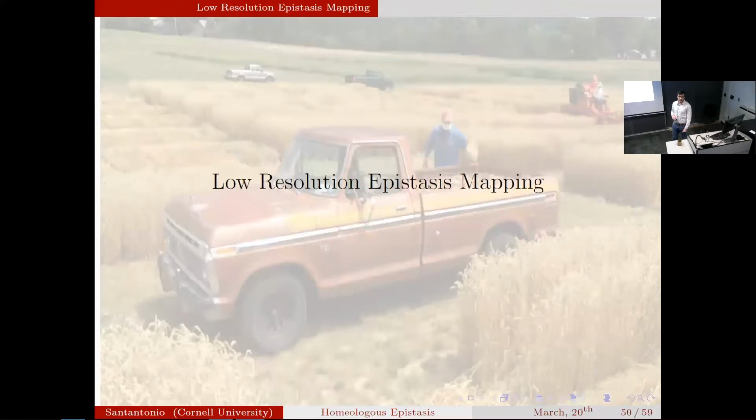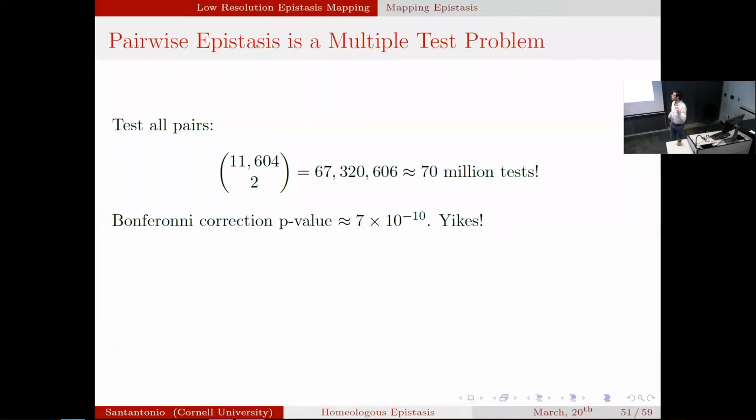In the last few minutes, I'm going to go into a strategy I used. So I had a problem tagging, right? There's this question of, am I having a hard time tagging specific homoalleles with specific markers? They may not be in high LD. Well, what if we use more than one pair? So I talked about the pairwise epistasis. The problem with this is a multiple testing problem. You have 11,000 markers or so.